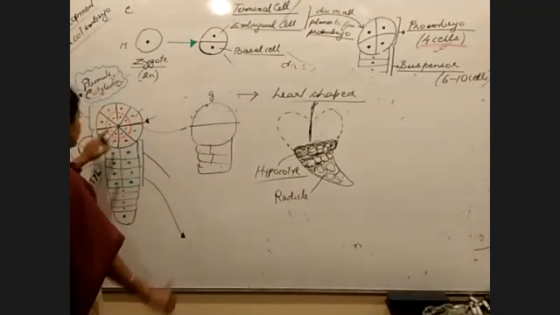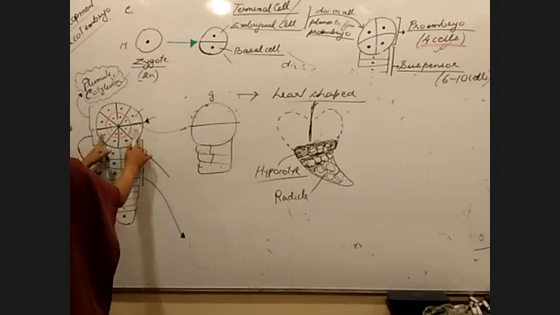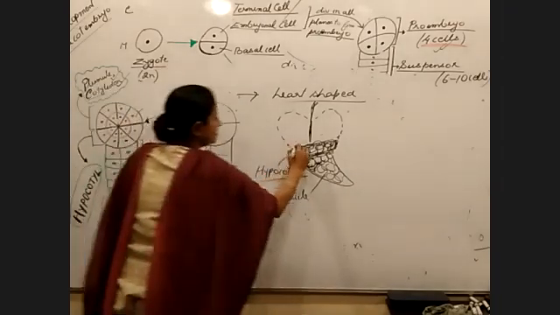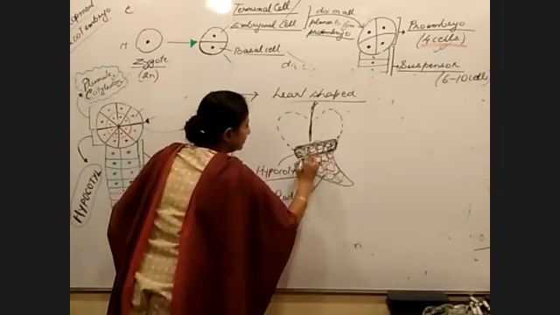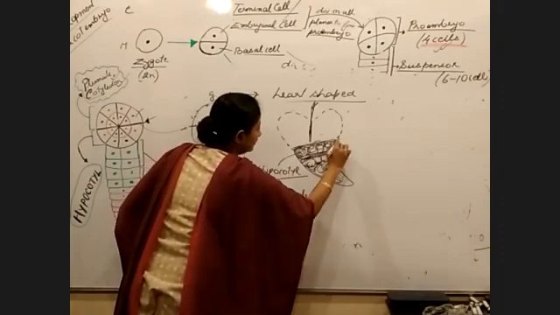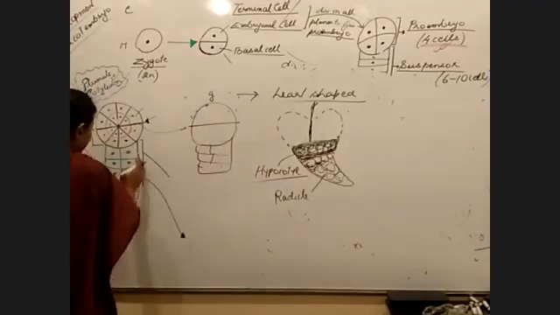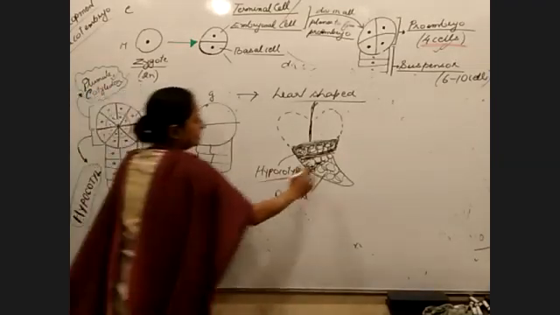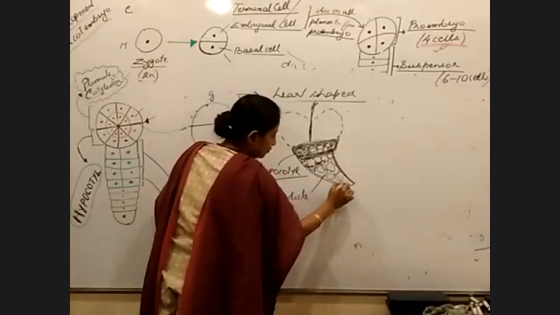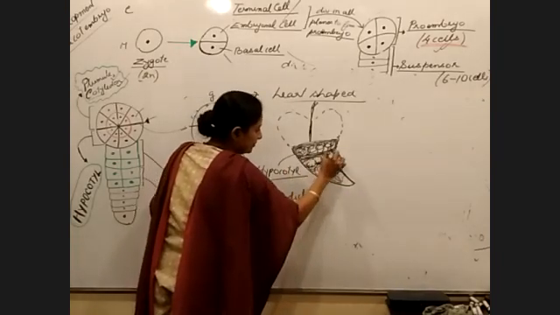So this is the structure. This part was the hypocotyl, this area. This is the area that we are drawing, the hypocotyl area. So it will form the radicle, the root tip, the root cortex, etc.